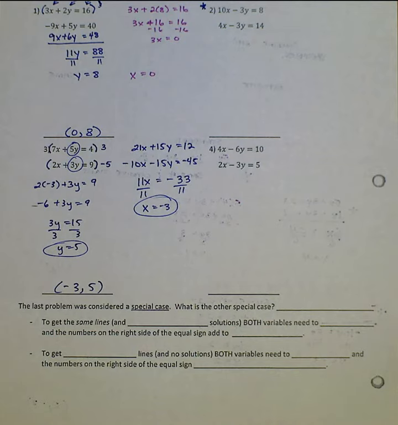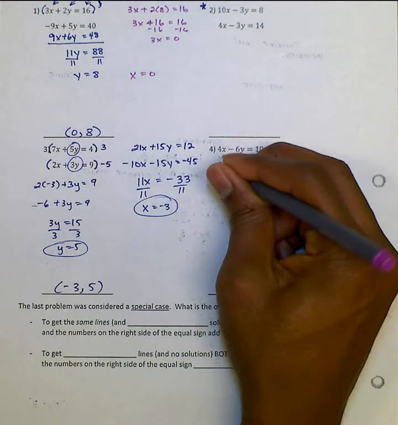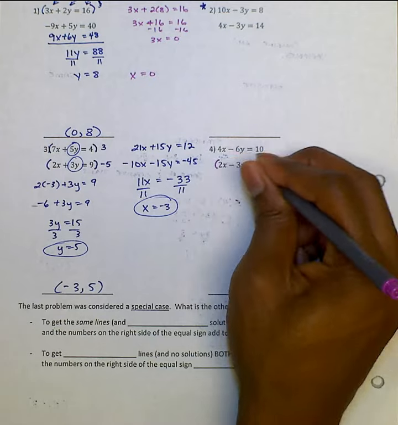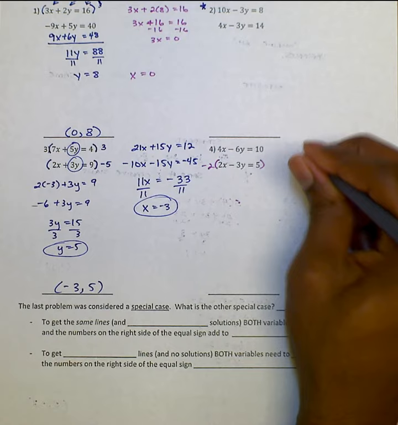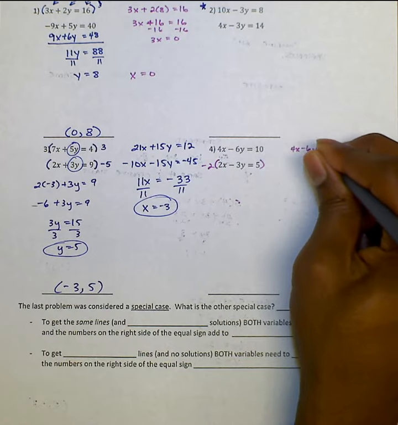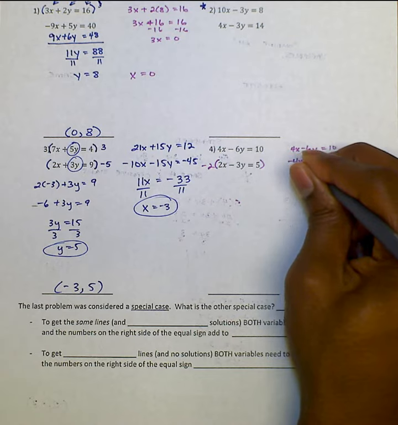Okay, final problem as we look through. Again, we do not have our numbers lined up so that we have an opposite given to us, and so the easiest way that I see it is, I'm going to multiply this bottom equation by -2. And so, as I rewrite this stuff over here so it's stacked, I'm going to have -4x plus 6y equals -10.